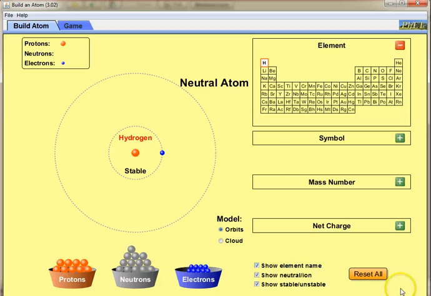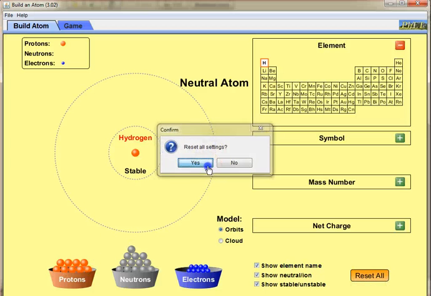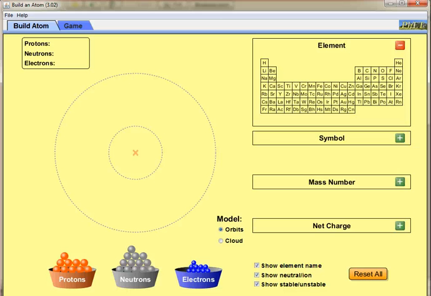So let's reset it all. This is the central nucleus, and you can add electrons on the orbits. So you have protons, neutrons, and electrons. Obviously protons and neutrons will go to the nucleus and electrons will go to the periphery, on these orbits.